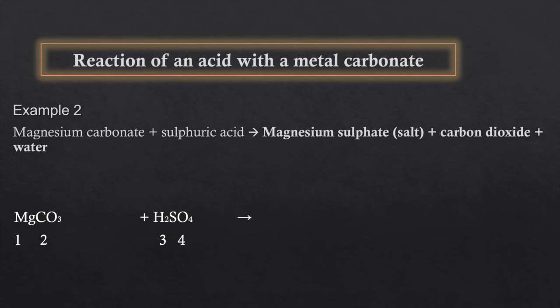So again, the only rule we are applying is that number 1 bonds with number 4 to give us MgSO4. The valency of both Mg and SO4 is +2 and -2, so they cancel each other out. So our answer remains as MgSO4. And we have water and carbon dioxide as a product.